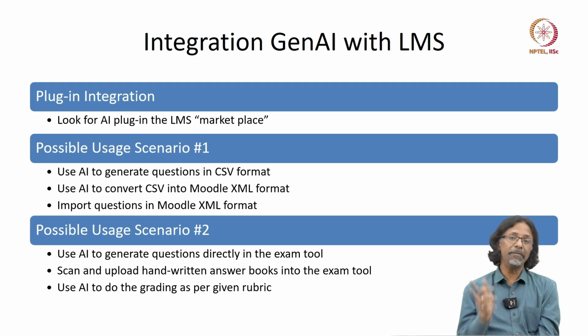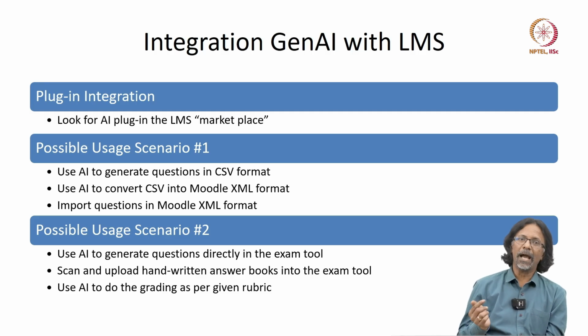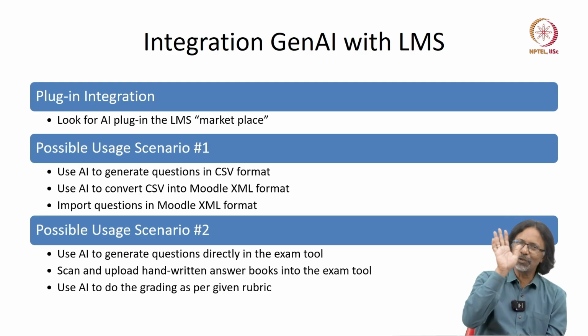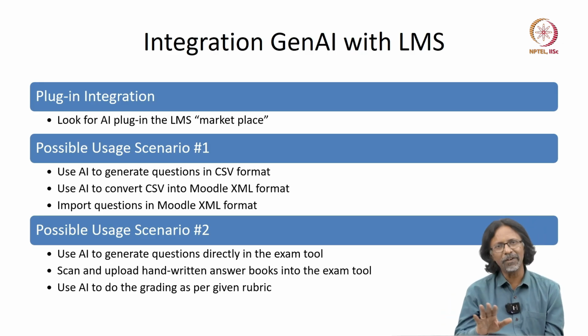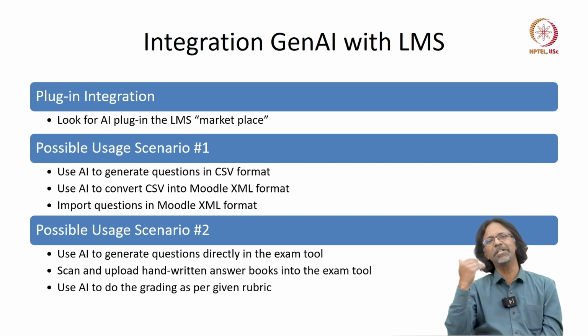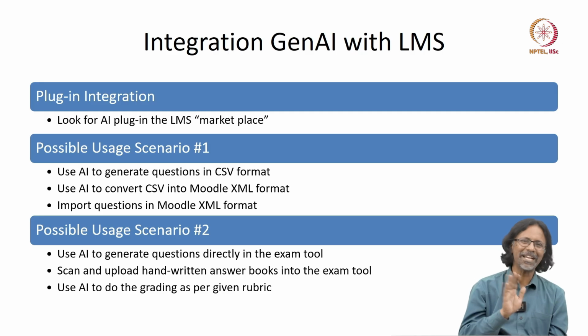But previously, even if it is uploaded to the examination tool, as teachers, we used to open each answer book and then do the manual evaluation using that online tool and assigning the marks. That in itself increases your efficiency. But now the magic of generative AI can be brought in.